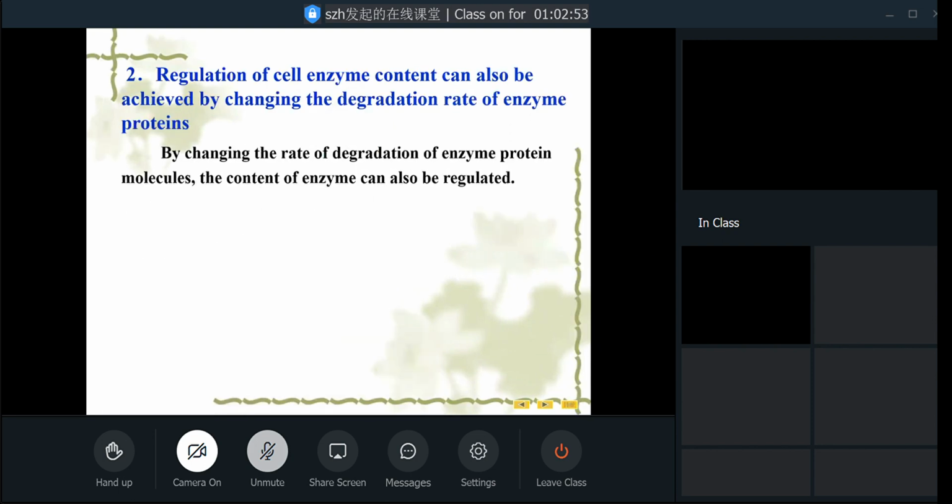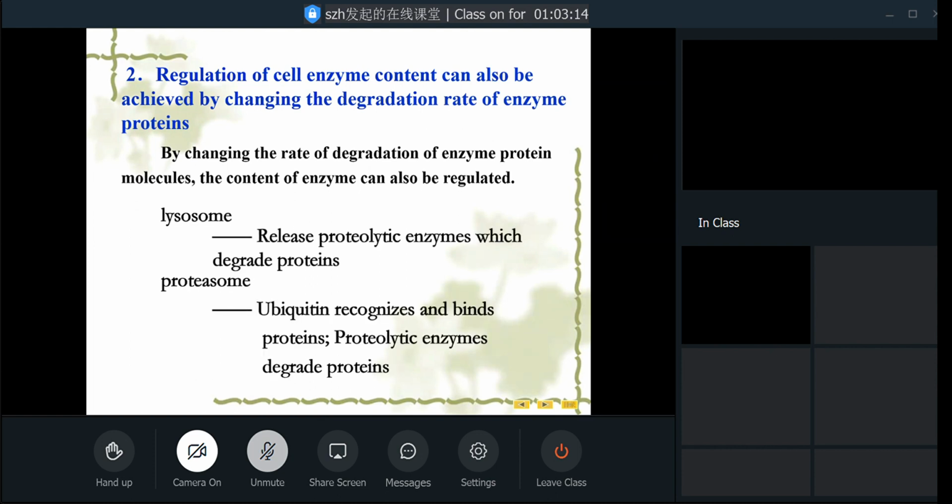Regulation of enzyme content can also be achieved by changing the degradation rate of the enzyme. For degradation, we already studied two methods: lysosome degradation and proteasome degradation.